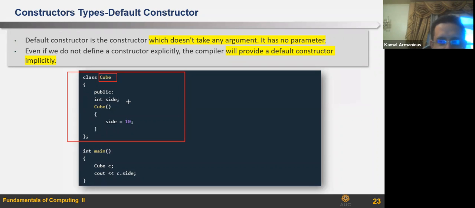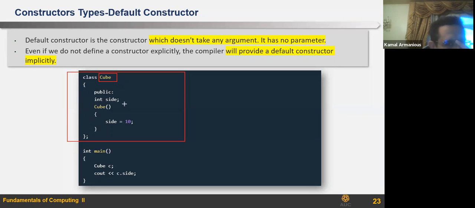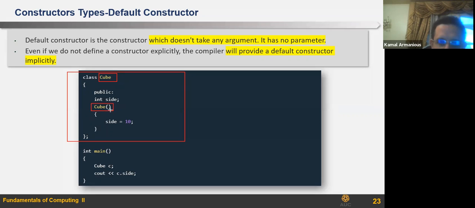Yeah, it has only one function, which is public. Where is the constructor? Cube. As we said, the constructor is the same name as the class name.